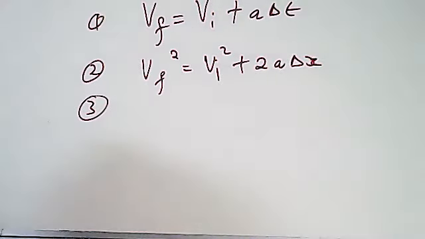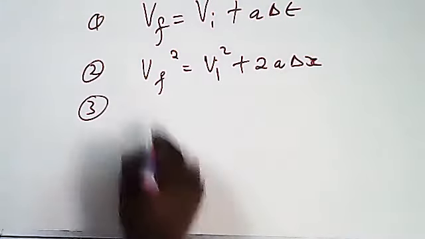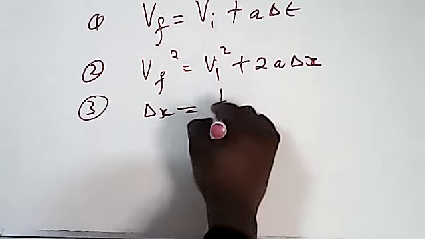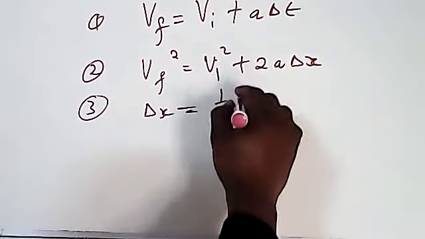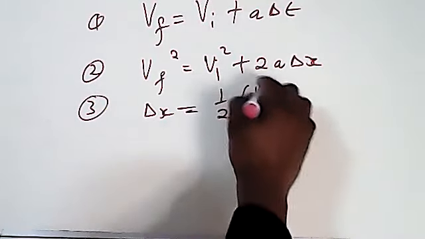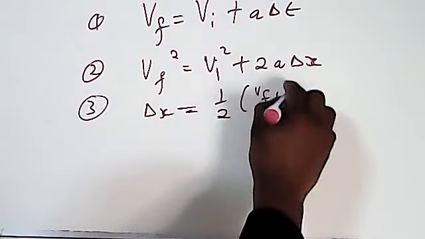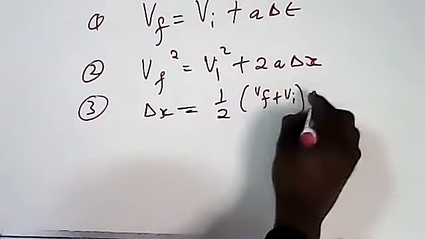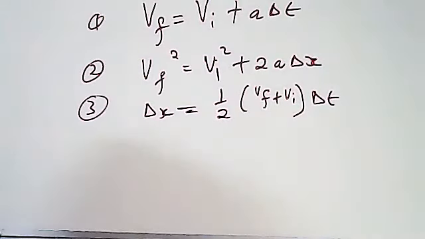Your third equation says that if you want to calculate the displacement, your displacement is given by half of the final velocity plus the initial velocity, and then all of that multiplied by the change in time, right? I hope that makes sense.